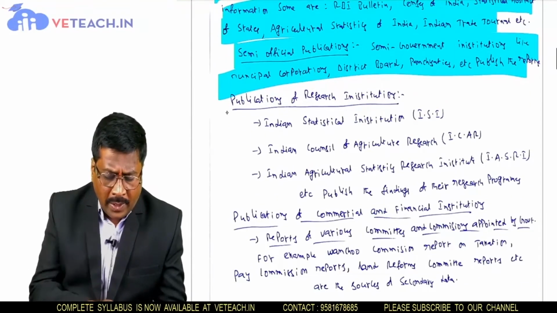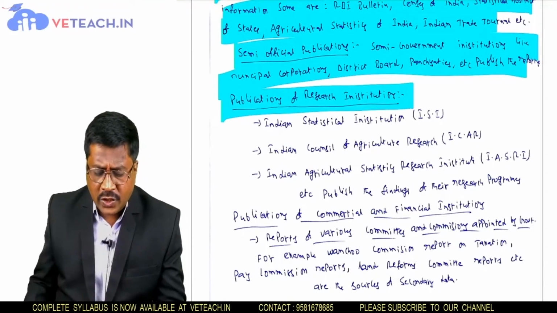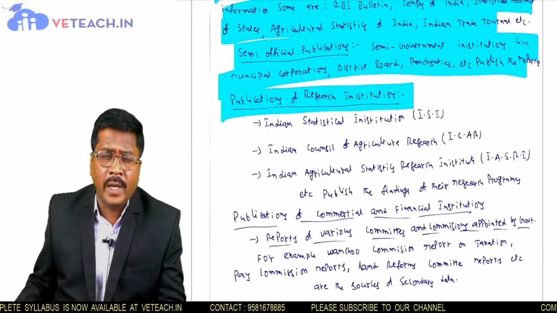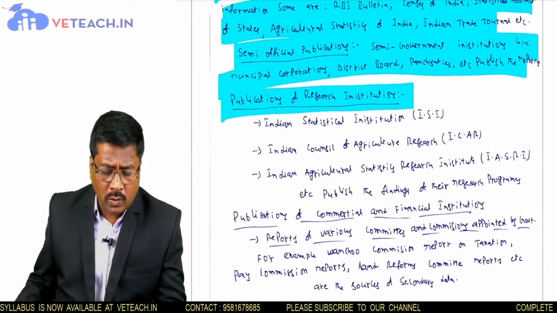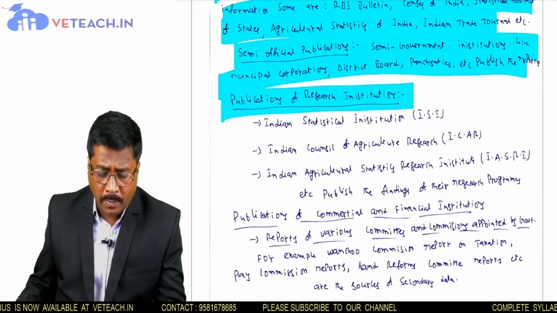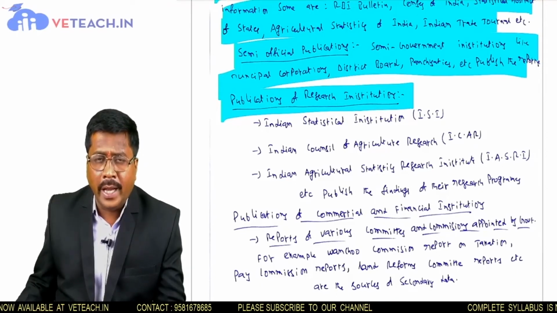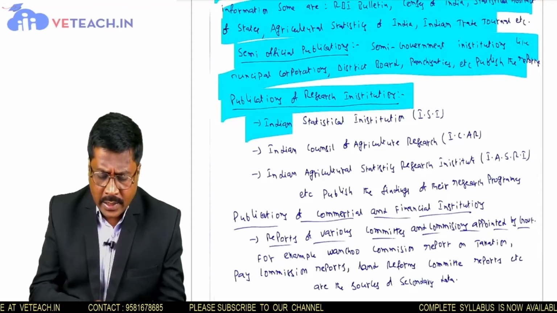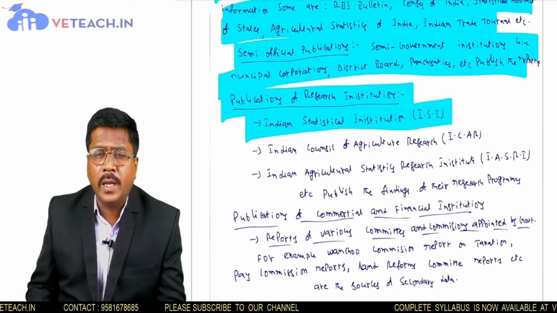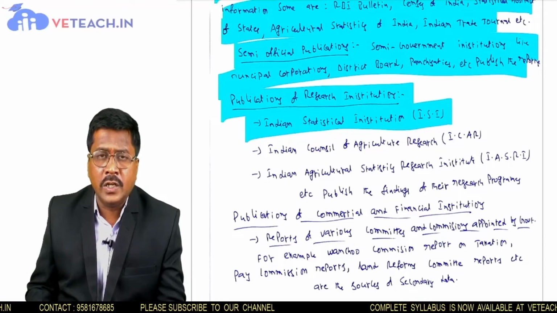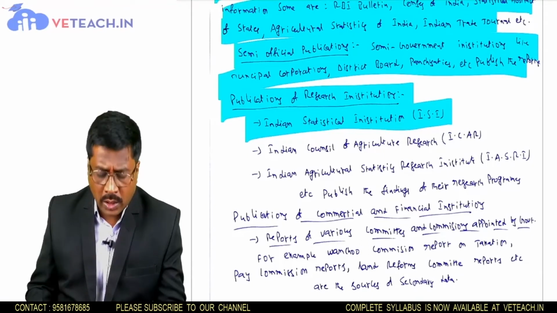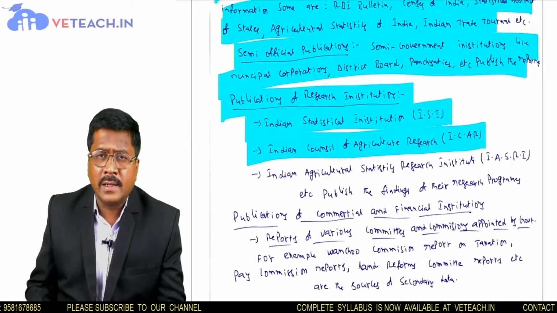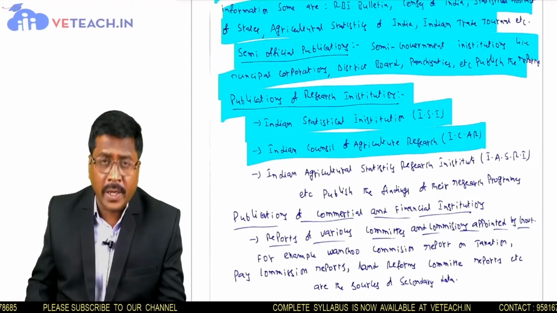Next, publications of research institutions. Other than the government and semi-government, research institutions also publish data. They have separate institutions, like the Indian Statistical Institute, ISI, situated at Kolkata, and the Indian Council of Agricultural Research, called ICAR. These are governing bodies.